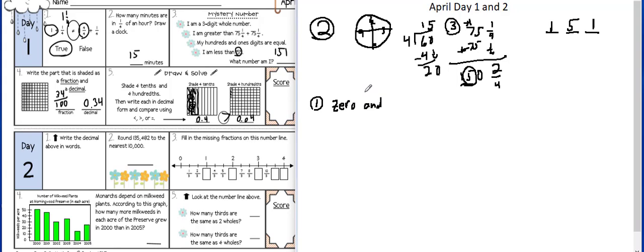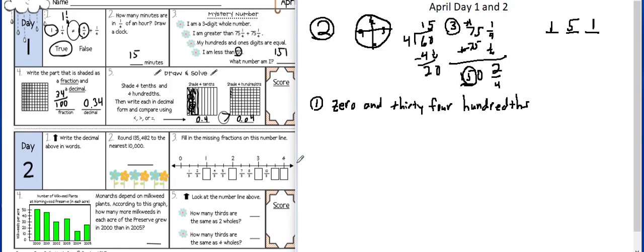And the "and" is where our decimal is. 34 hundredths, with the THS at the end. All right, so that would be the answer to number 1 there.